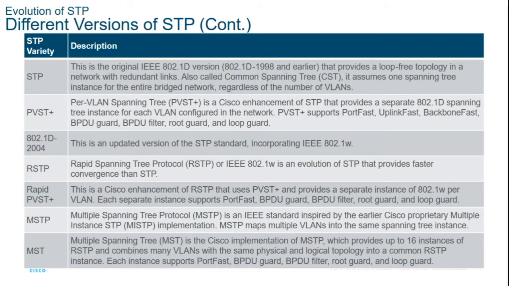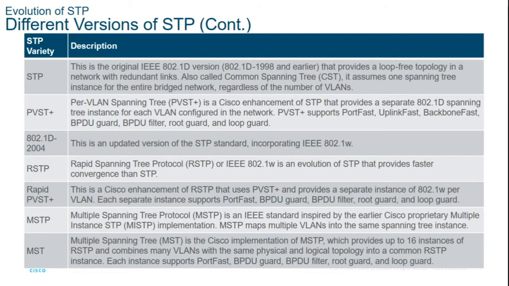Rapid PVST Plus is a Cisco enhancement of RSTP that uses PVST Plus and provides a separate instance of 802.1w per VLAN. Each separate instance supports PortFast, BPDU guard, BPDU filter, root guard, and loop guard.